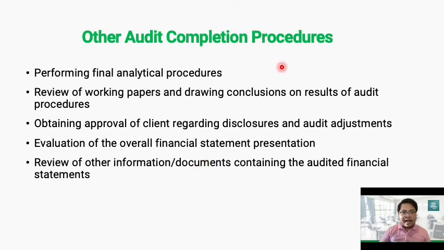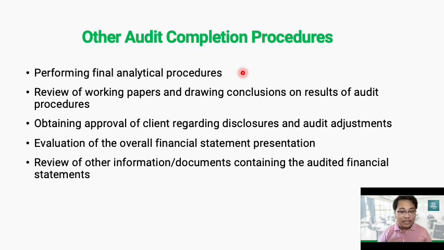Now we have other completion procedures. Other completion procedures include performing final analytical procedures, which we already discussed earlier. In this final analytical review, which is required, we take note of whether our conclusion is supported by or aligned with the procedures, findings, and the evidence that we have obtained thus far.